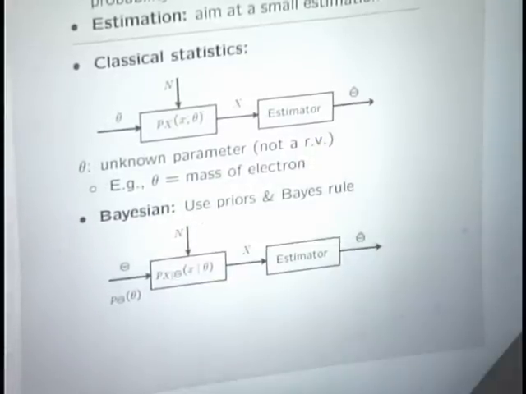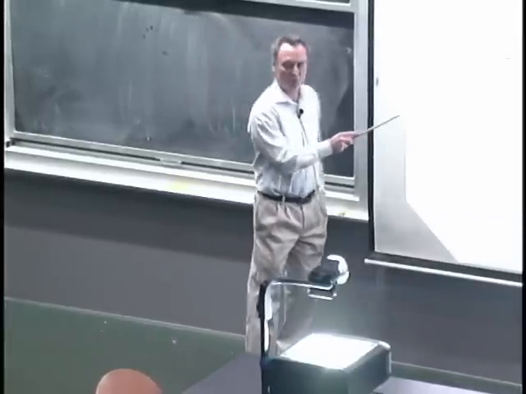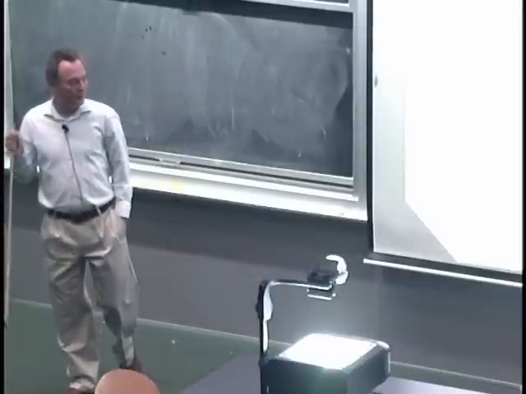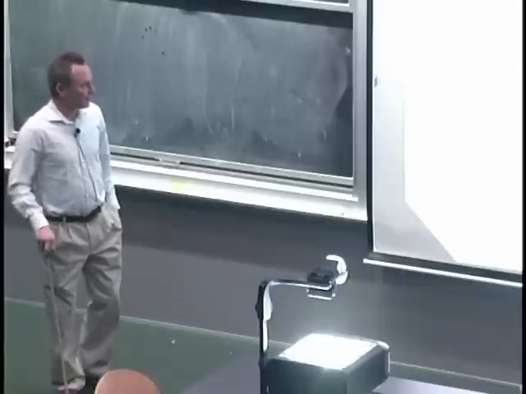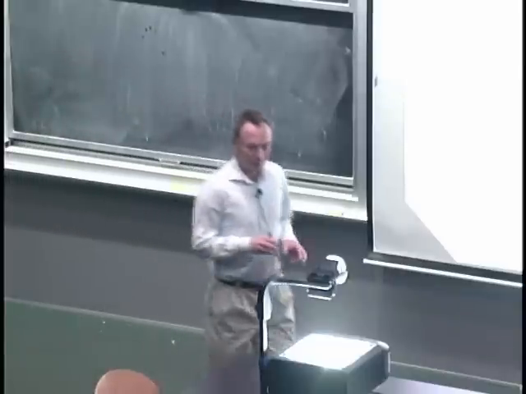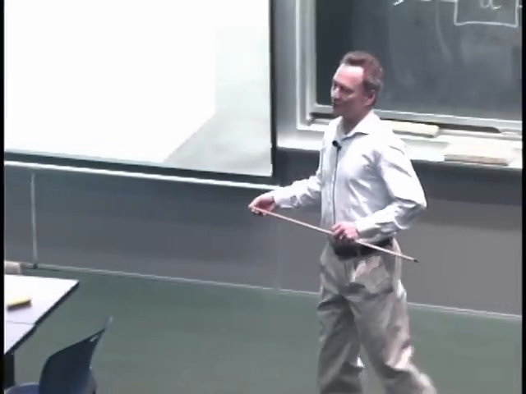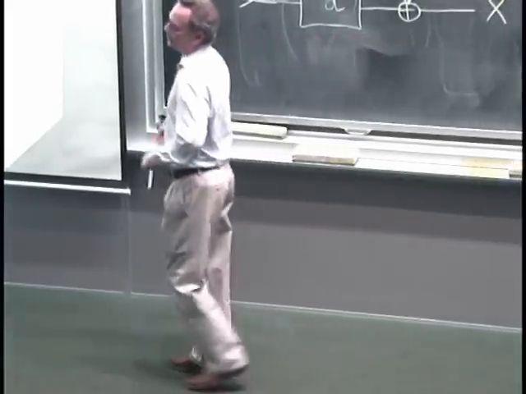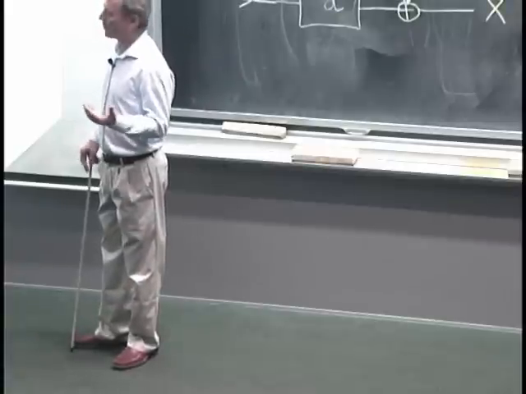So this is definitely a legitimate picture, but the important thing in this picture is that this theta is written as lowercase, and that's to make the point that it's a real number, not a random variable. There's a different philosophical approach which says, well, anything that I don't know, I should model it as a random variable. Yes, I know the mass of the electron is not really random, it's a constant, but I don't know what it is.